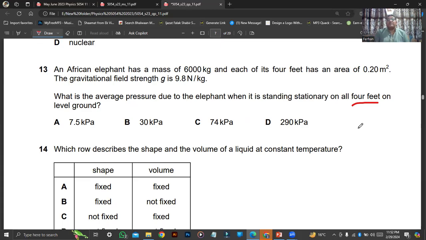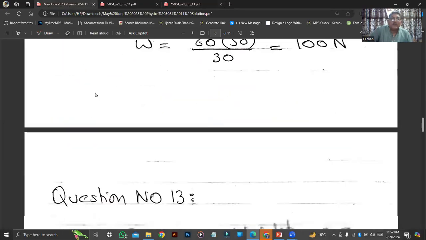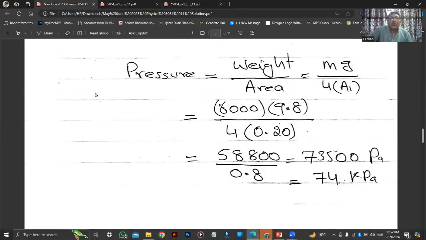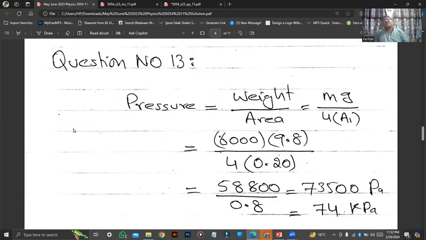We know his mass, we know the G value, we can find out the weight. The pressure will be weight divided by the contact area. So let me show you. Pressure is equal to weight divided by area. Weight is mg. The area in contact with the ground will be 4 times the area of 1 foot.